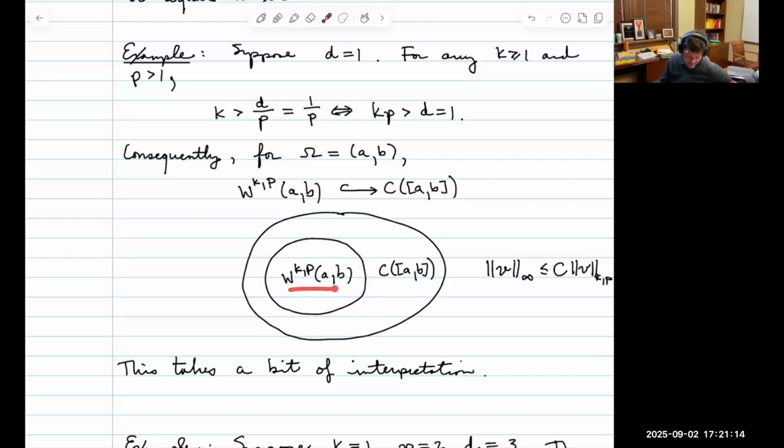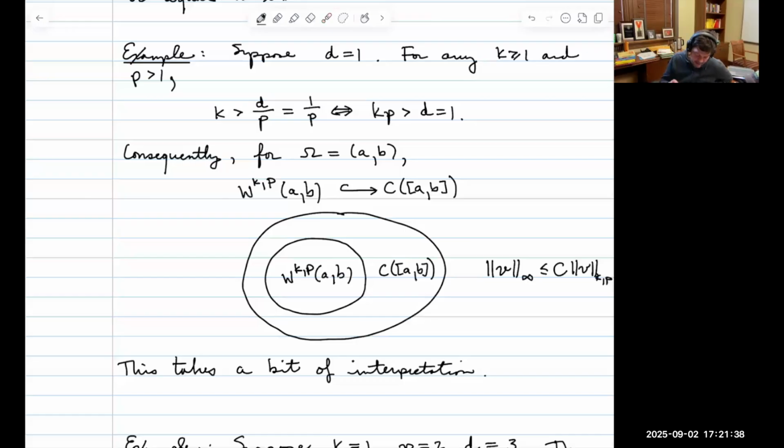So how do I interpret those functions in light of the fact that I'm saying they're continuous functions? Well, what I'm saying is that these are somewhere in the class of equivalent functions that differ on a set of measure zero. There is one of those functions which actually is a continuous function. So that's what I mean.